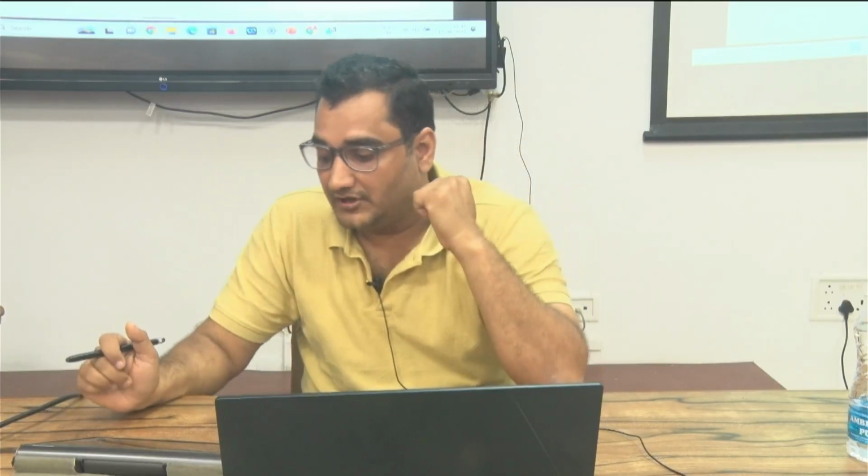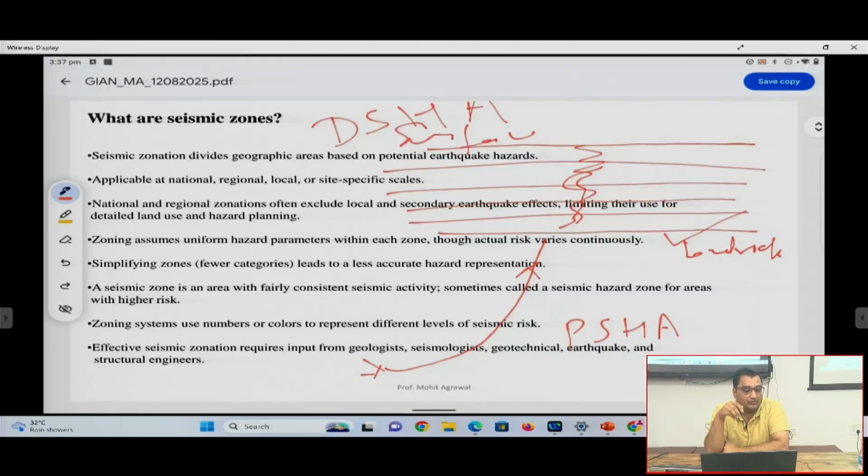In seismic zonation, we should perform all these steps, but due to the lack of data or the lack of instruments, you do not have enough information, or you do not know about the geology of the area, so you basically compromise on macro zonation mapping or some other kind of mapping.